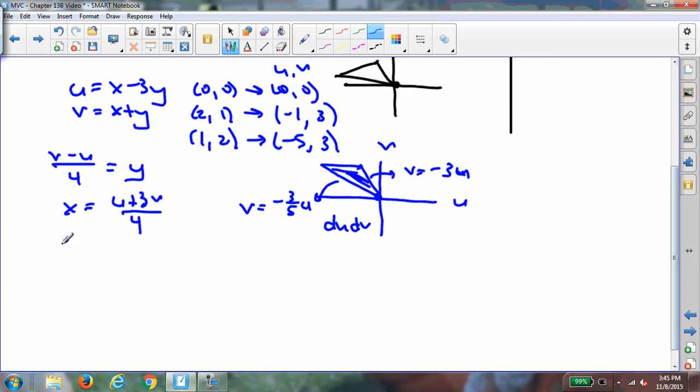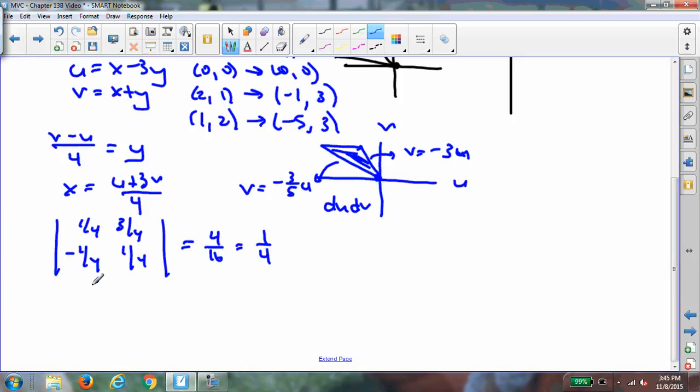So then my Jacobian would be dx du, which would be 1/4, dx dv, 3/4, dy du, negative 1/4, dy dv, 1/4, and that would be 1/16 plus 3/16, which is 4/16. So my conversion term is 1/4.